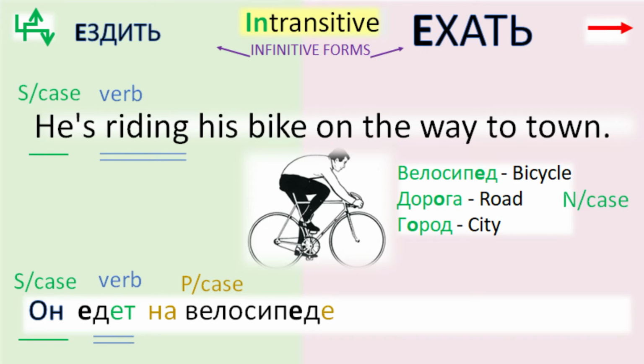Он едет на велосипеде. Now you are ready to say that he is riding his bike on the way. Дорога is in the nominative case, so you need to change it to the dative case. По дороге. Он едет на велосипеде по дороге.